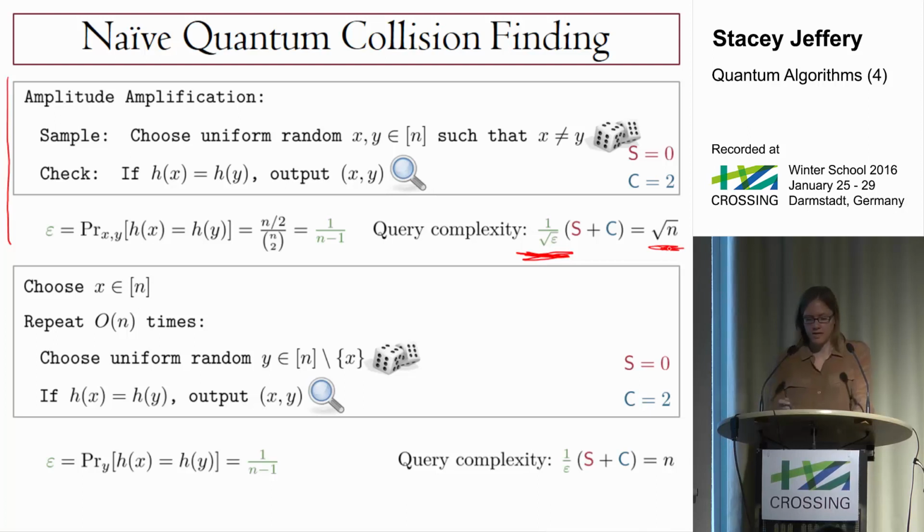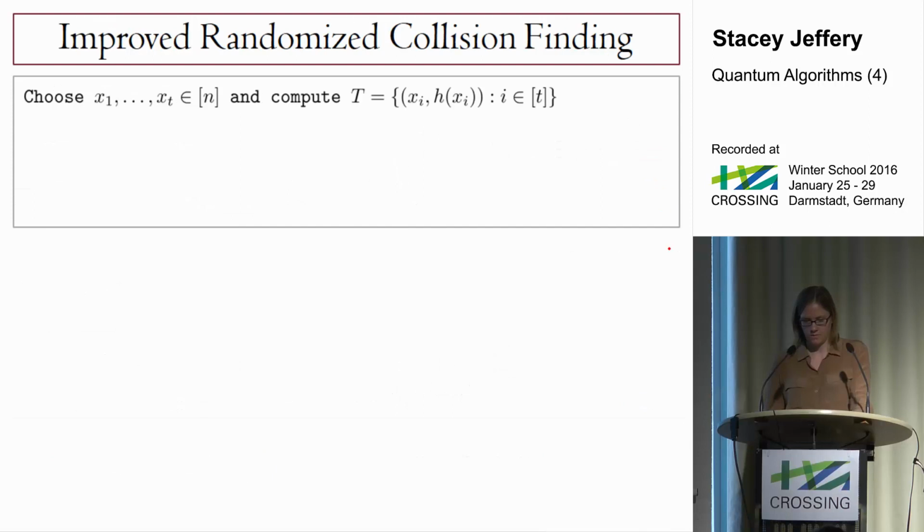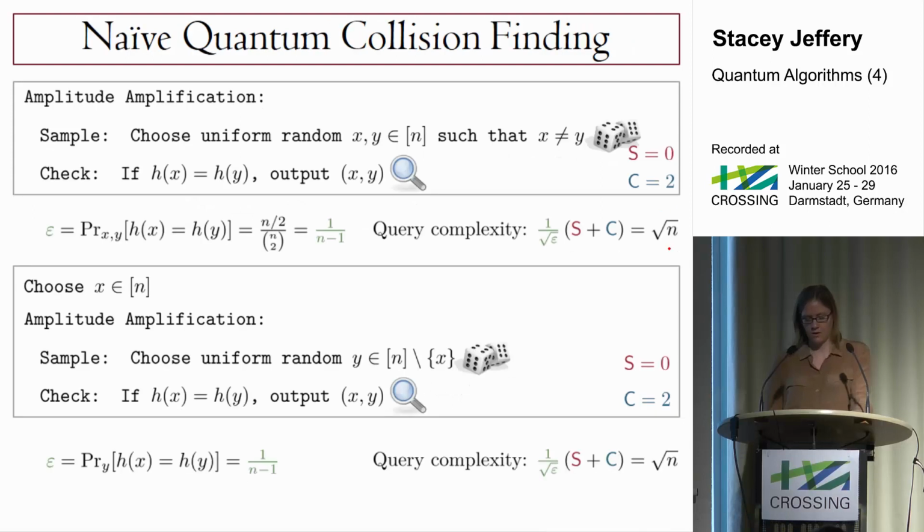Okay, and we can do the same thing in the second algorithm. We still classically choose some x, and then we do amplitude amplification, and now we have, again, a square root. So these are two quantum algorithms that require only square root of n queries to h.